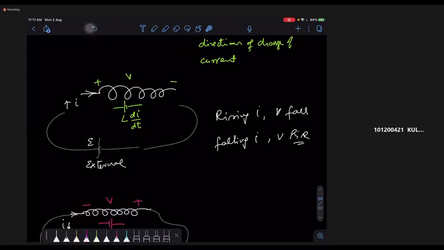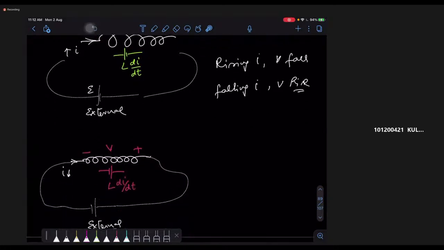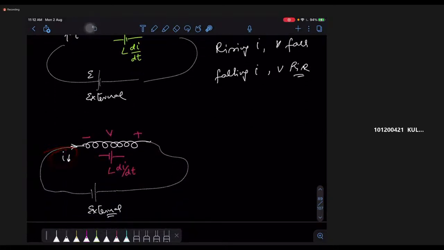Right? So I can say if my current is rising, your potential is falling. Just the opposite: if you want to decrease the current, my external battery has the opposite sign. Now this inductor also has the opposite sign because it is going to oppose this external one. Its purpose is to oppose the external.